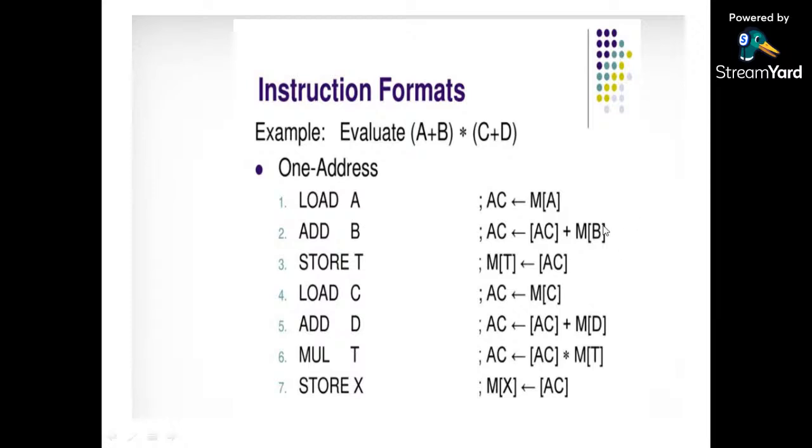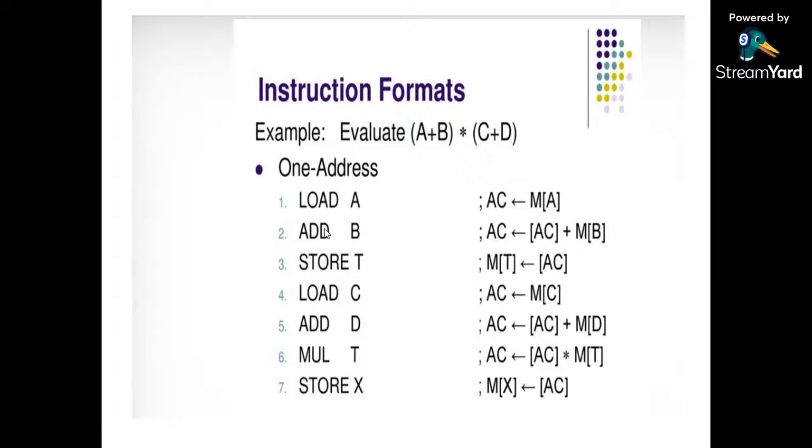Let us see what is actually happening. From the memory location B, one value is fetched. From the accumulator, one value is fetched. The addition is performed in the arithmetic and logic unit, and then the result is stored back in the accumulator. The result is now present in the accumulator. We cannot leave that result here because then it will be overwritten.